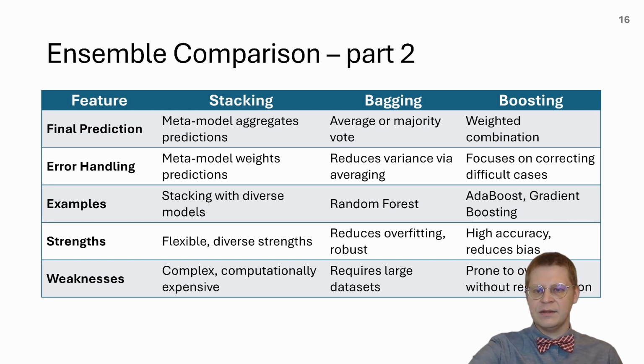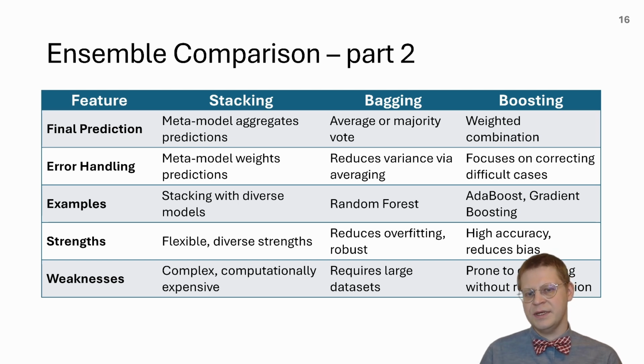In stacking, the meta model learns how to weight the predictions of base models based on their individual strengths and weaknesses, effectively reducing both errors and uncertainty in predictions. Bagging reduces variance by averaging predictions across models trained on different data samples.